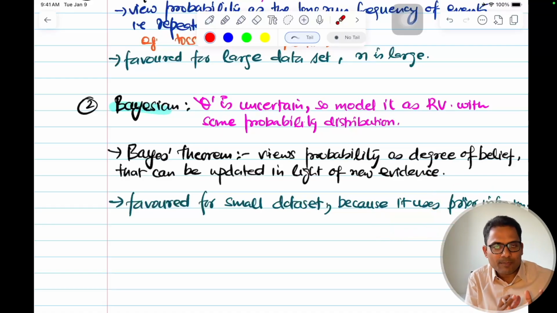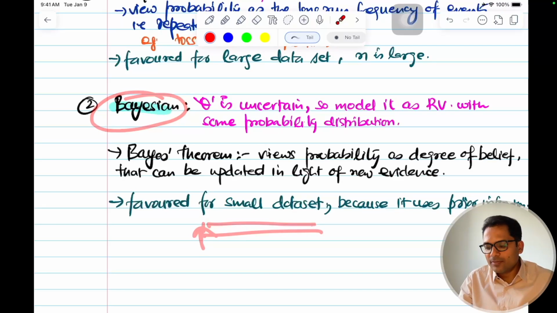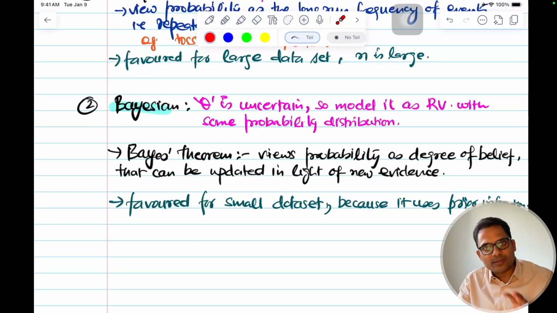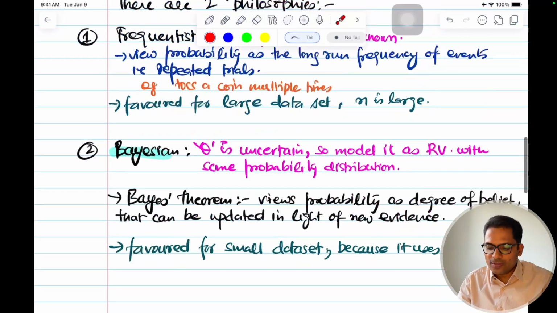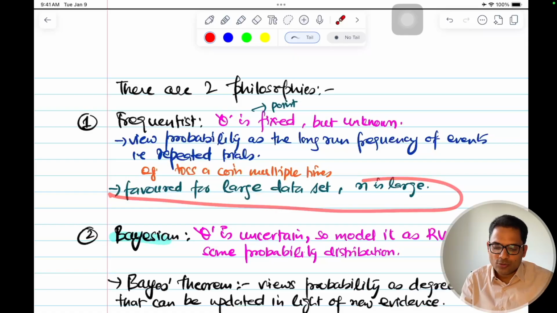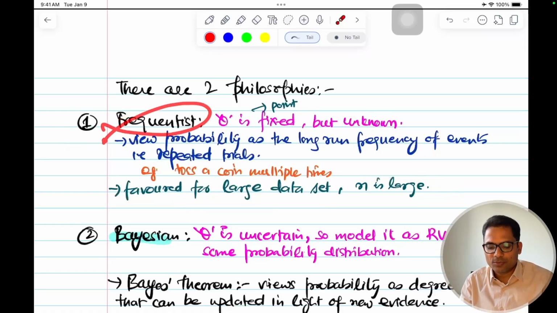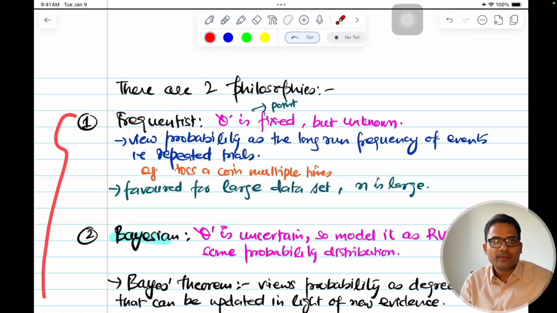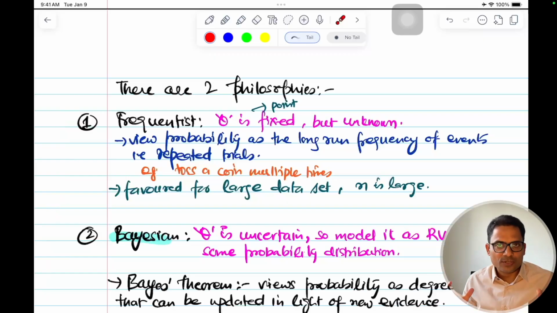Whenever we have a very small sample size, we prefer Bayesian, where we can make use of the prior information. But when we have lots of data points, I can go with the frequentist approach. I hope both the philosophies are clear.